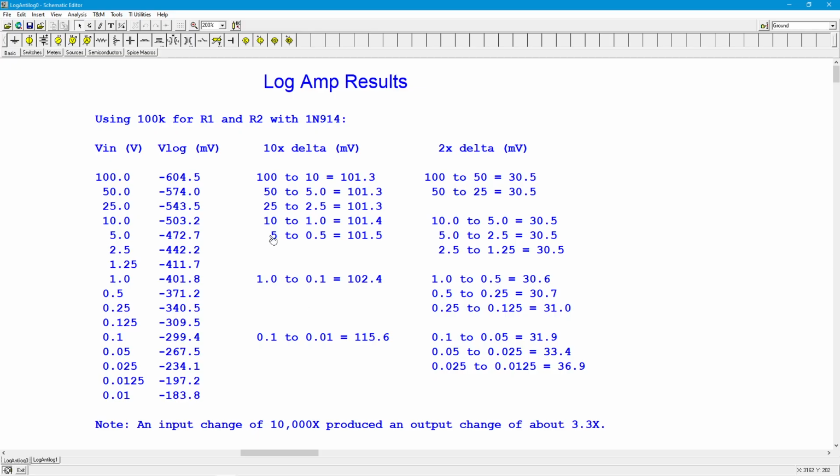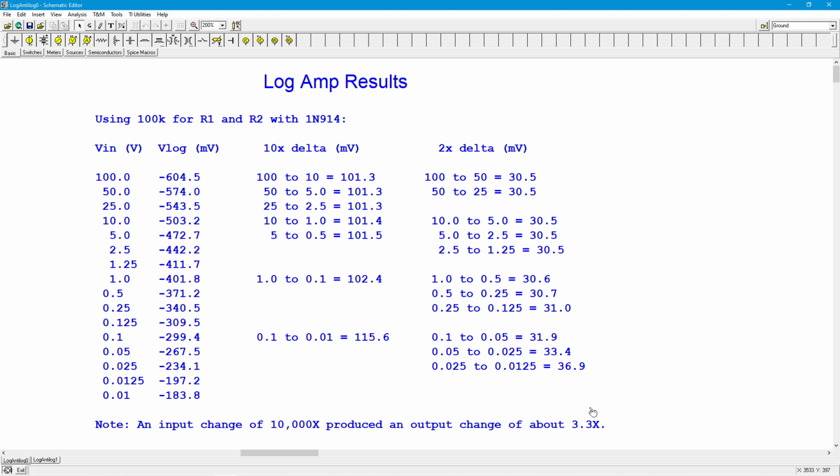The important thing, when all is said and done, is that when you look at this input, you're going from 10 millivolts to 100 volts. That's a 10,000 to 1 change in input. Yet the output is only changing from 183.8 millivolts up to 604.5 millivolts.